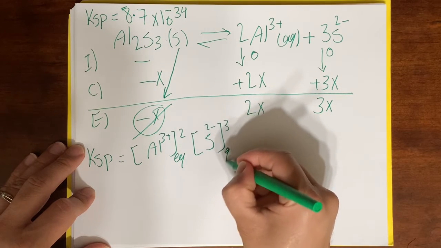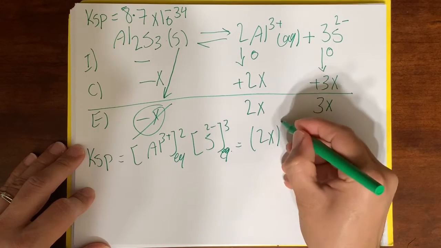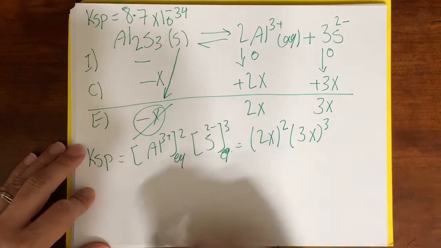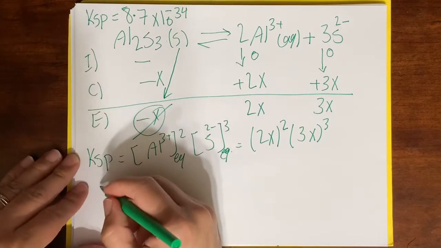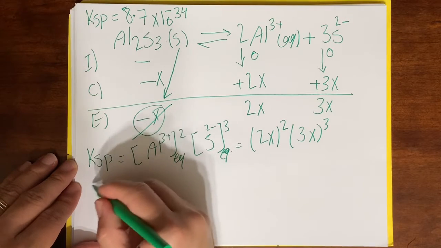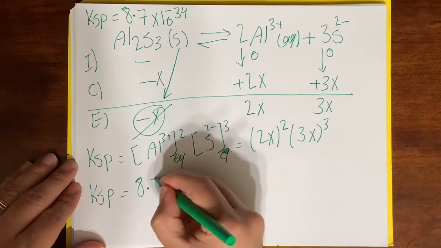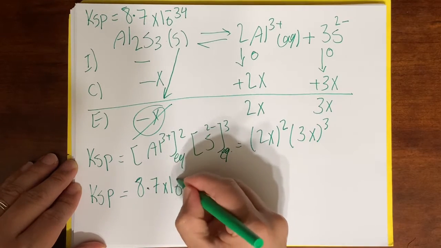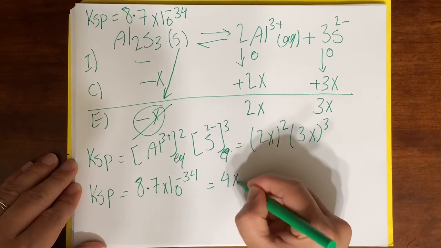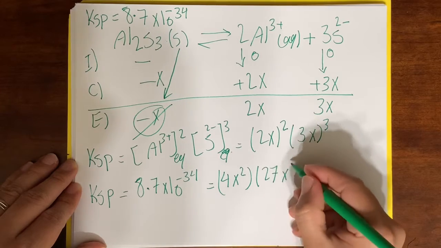So you go 2x to the second multiply 3x to the third. Okay, so KSP, which is equal to 8.7 multiply 10 to the power of minus 34, equals 4x squared multiply 27x cubed.